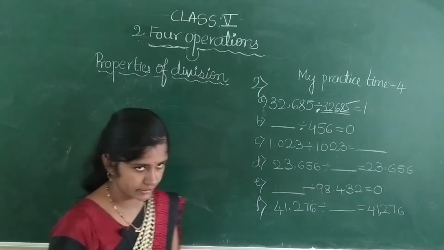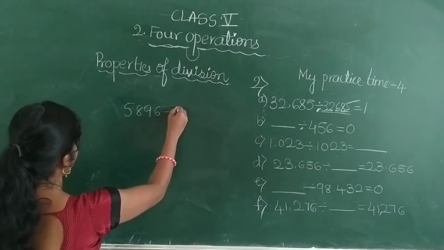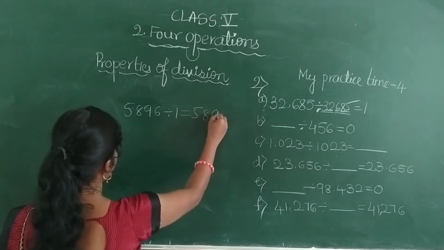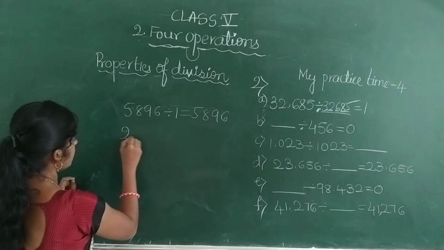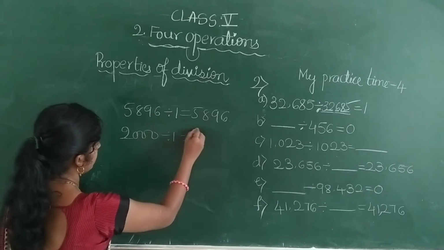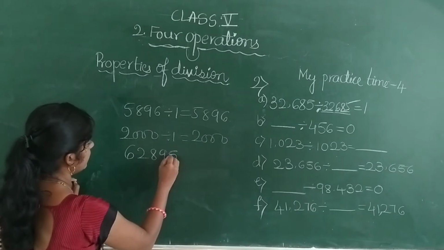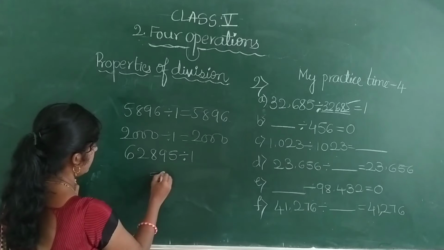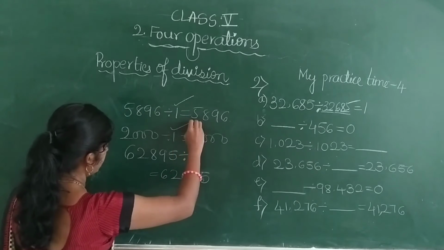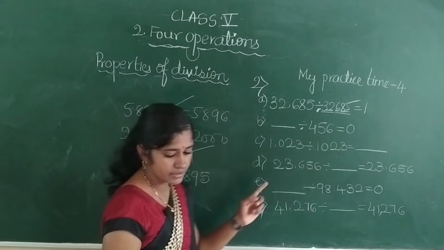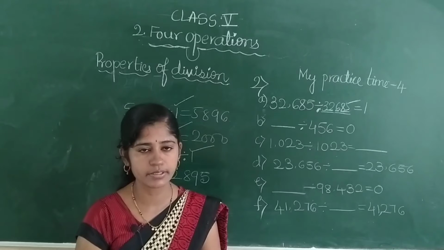When you are dividing a number, take 5896 divided by 1, it is 5896. 2000 divided by 1 is again 2000. 62,895 divided by 1 is always 62,895. When you are dividing a number by 1, you will get the same result. If a number is divided by 1, then the result is always the number itself.